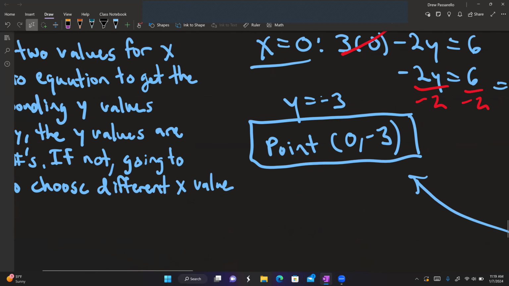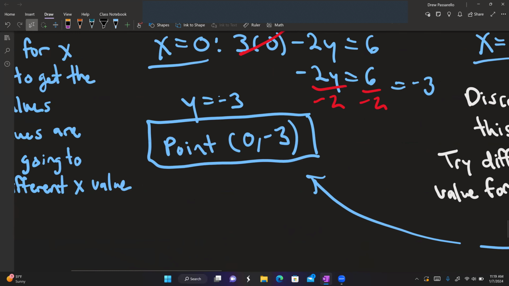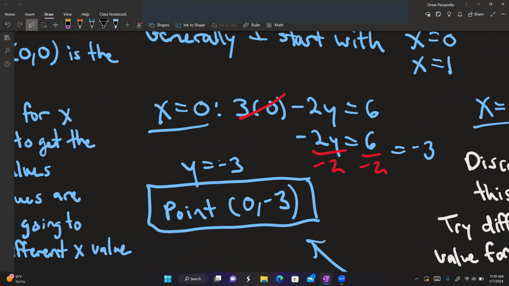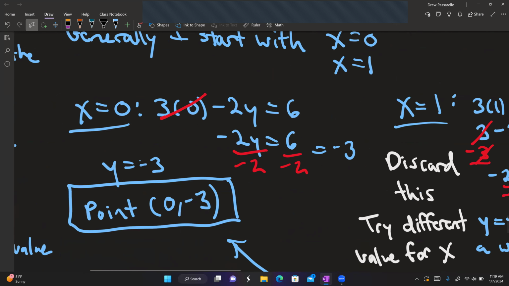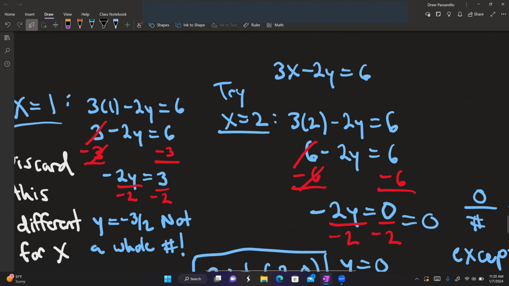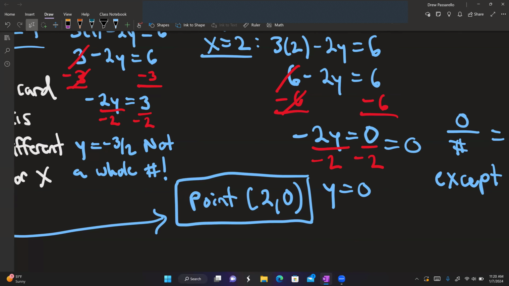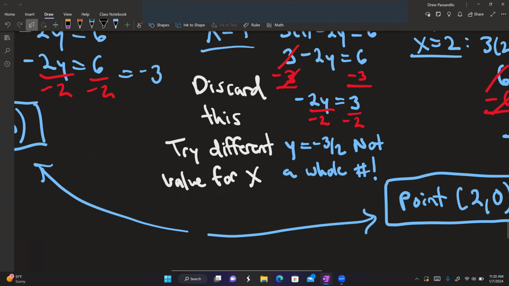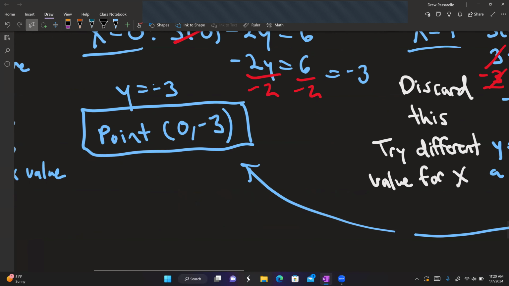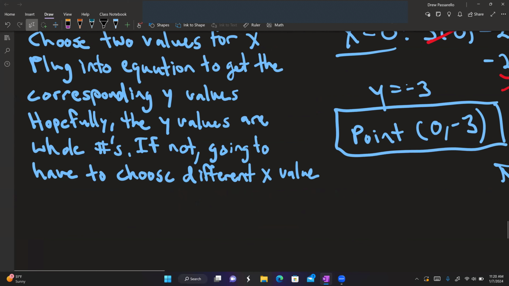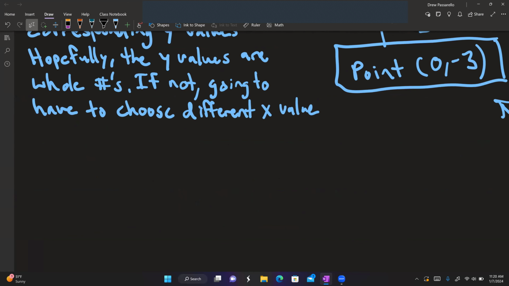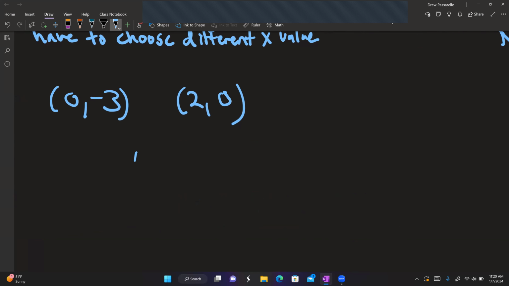Based on my selection, the selection of x equal to 0 gives me the y-intercept. And the selection of x equal to 2, it turns out, gives me 2 comma 0, which is the x-intercept. It just so happens we got the same 2 points as in method 1. And then you would plot it. We have 0 comma -3, 2 comma 0, plot the 2 points.